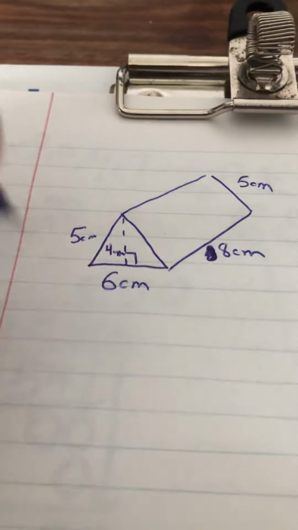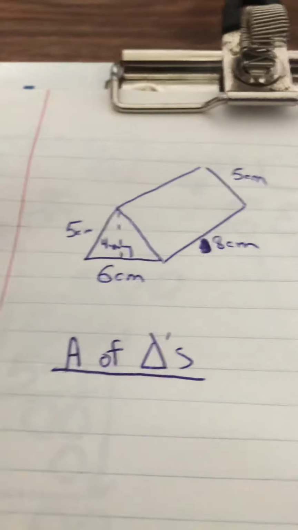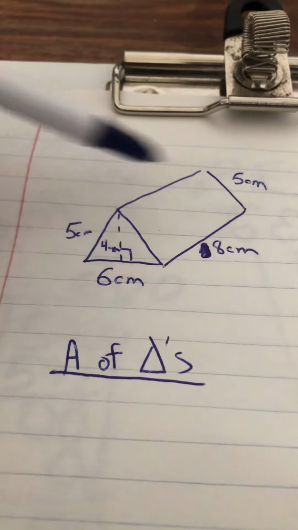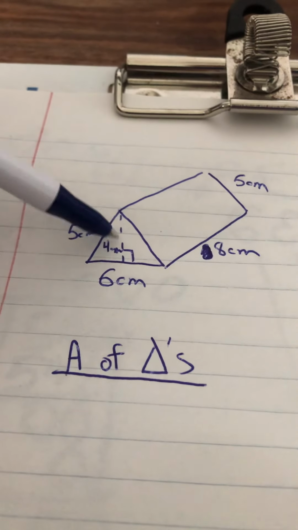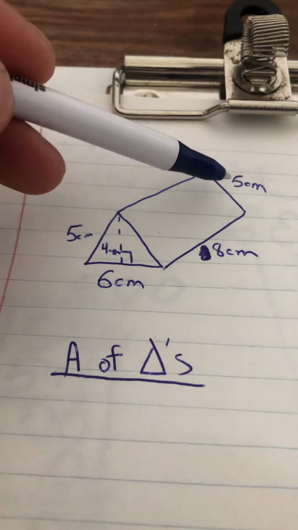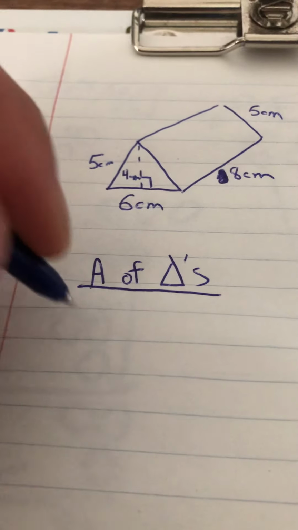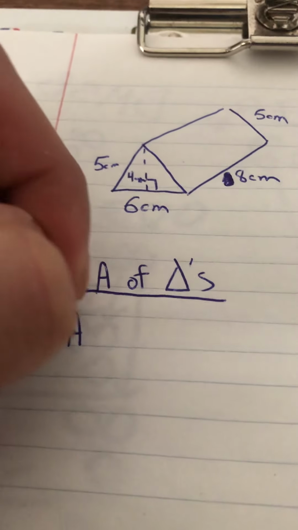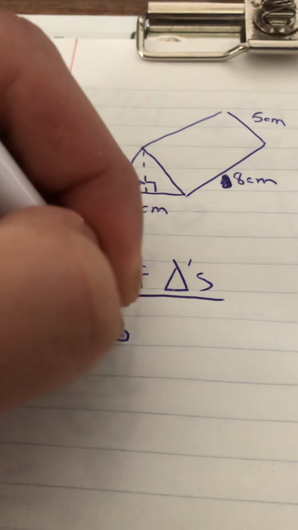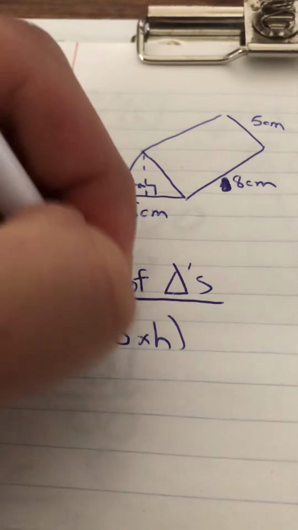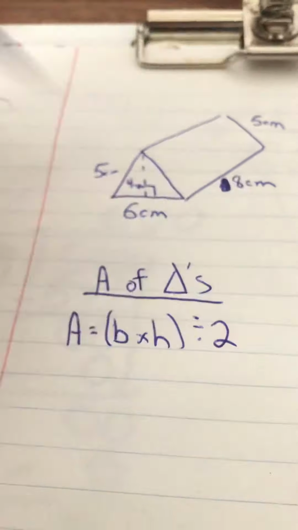So the first thing we're going to do is find the area of triangles. Because these two triangles are congruent, meaning they're the same, we only have to find the area of one and then multiply it by 2. So we know the formula for area of a triangle: area equals base times height divided by 2.